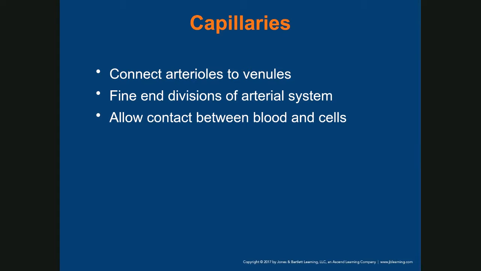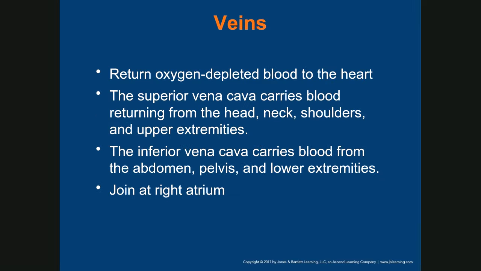Capillaries connect arteries to venules, fine end divisions of the arterial system, and allow contact between blood and cells. Very important vessels, capillaries. Veins return oxygen-depleted blood to the heart.